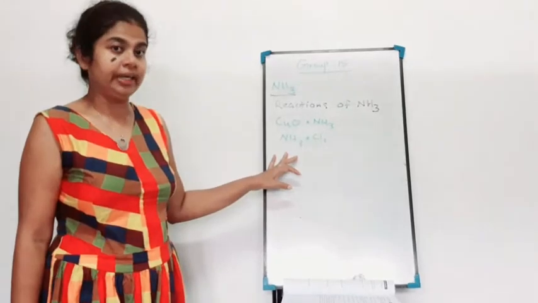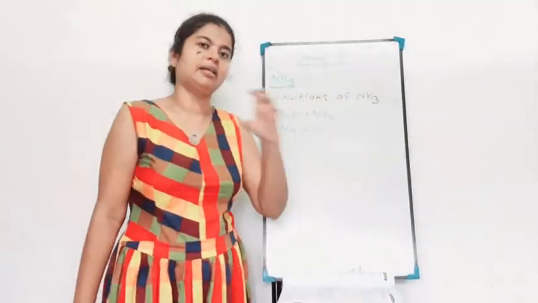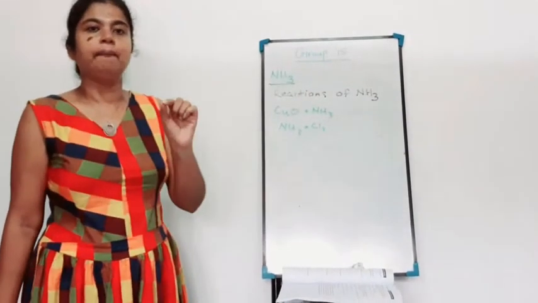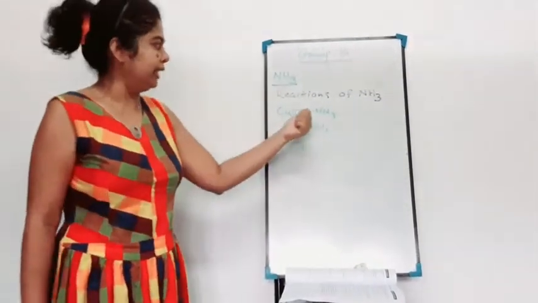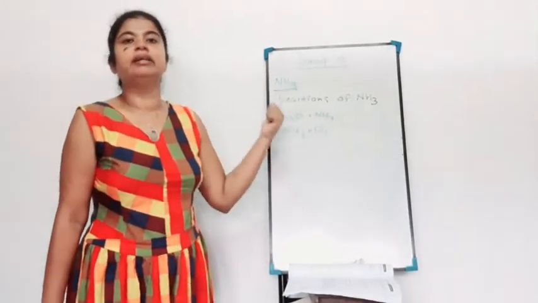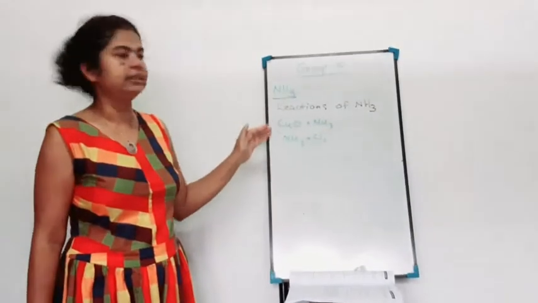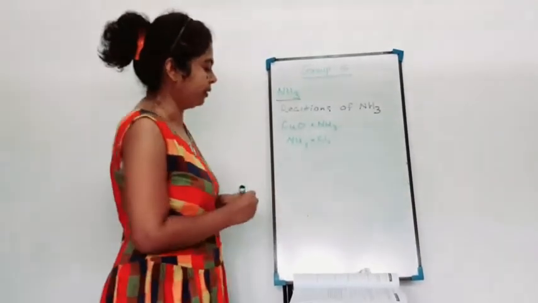Right? Weak reducing agent. You should memorize. If an MCQ question asks, give one example of ammonia acting as a weak reducing agent, then these are the examples. Okay. Then we move on to the next one.